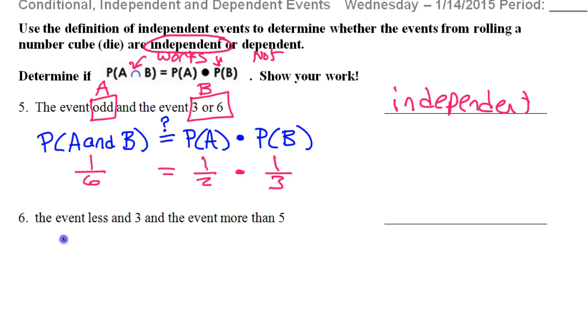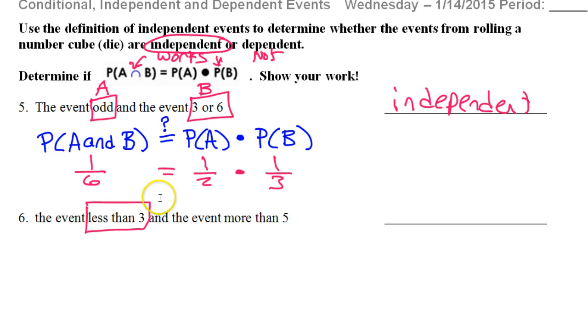Let's do the same thing for problem number 6. Once again, we have 2 events. The first event is less than 3. I think they meant less than 3; I think that's a typo.